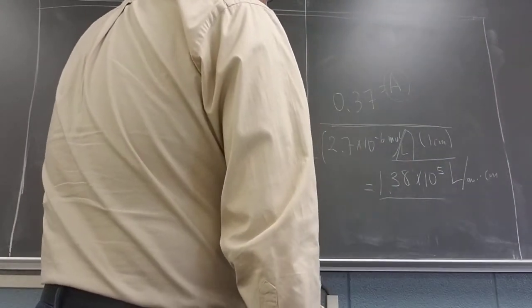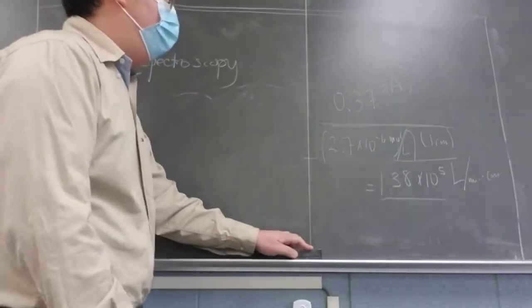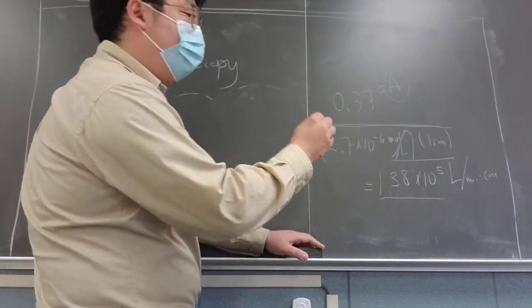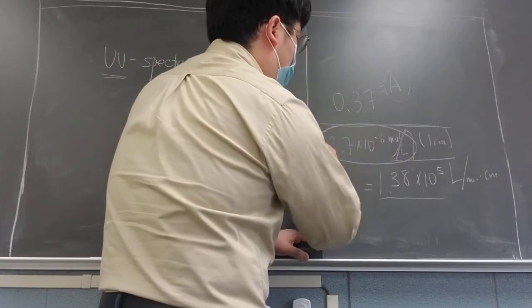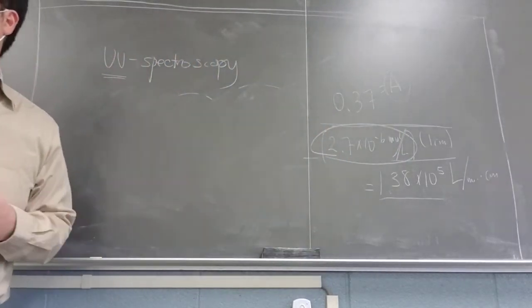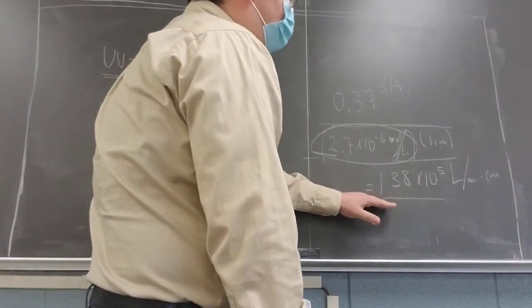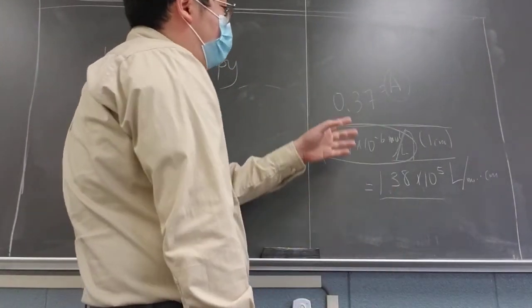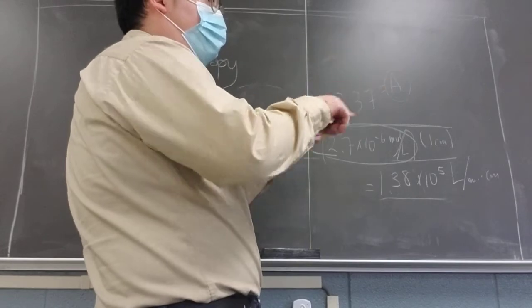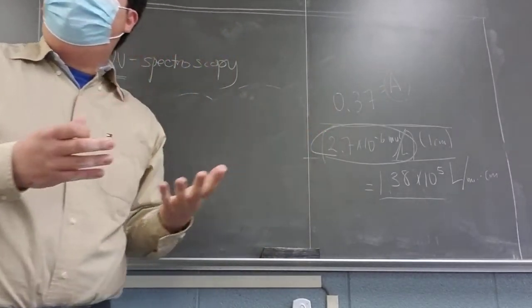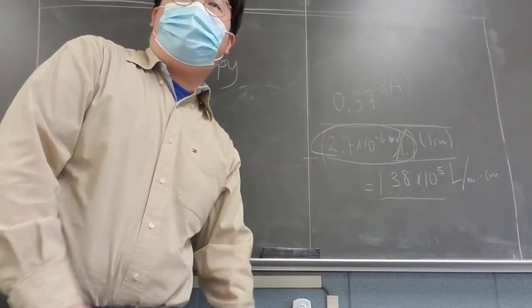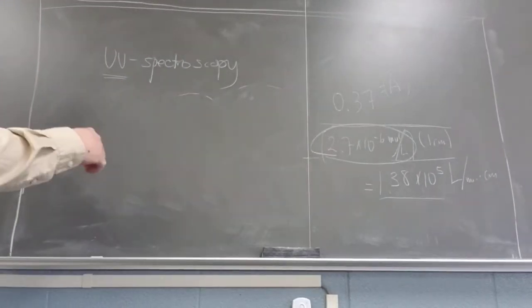But on the exam, I think I'll probably ask you to solve for the concentration. You might quantify using this fixed value that we're given in the table, and you're going to see the absorbance number, and then I might ask, what might be the concentration of the sample? So let's do it the other way.